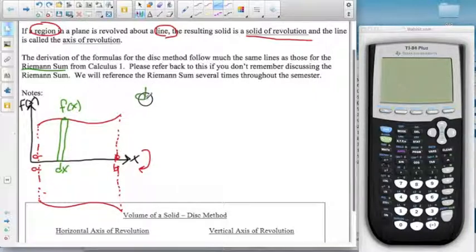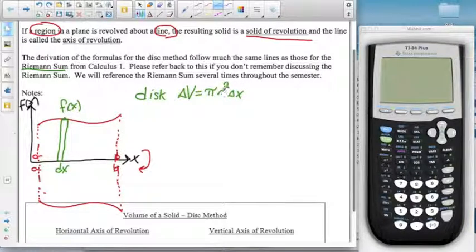And that disk is nothing more than a short, stubby cylinder. And so to find the volume of that incremental disk, which I'm going to call delta volume, we're going to take the area of the base. And that base is circular, so it's pi times r squared. And we're going to multiply it times the height of that, which is our delta x.